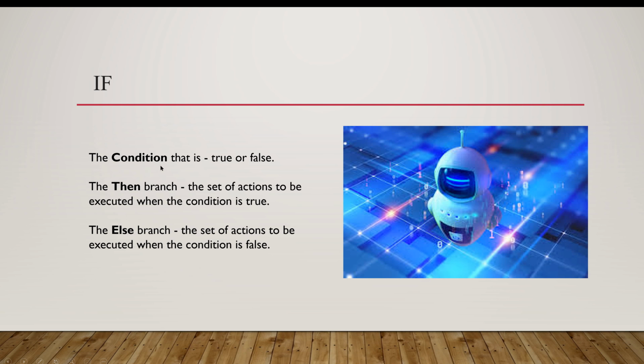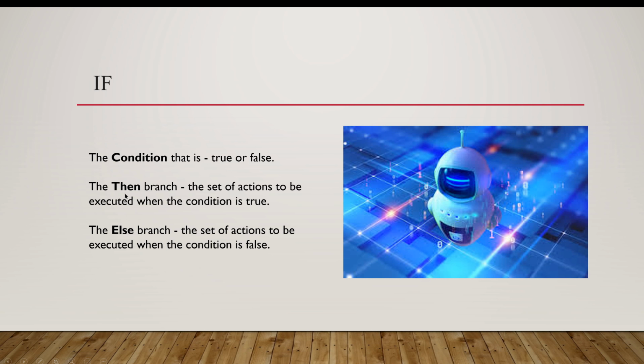So you are supposed to provide your expression which returns a boolean value. Boolean is nothing but true or false. So based on that condition, if the result of the condition is true, then branch will be executed.